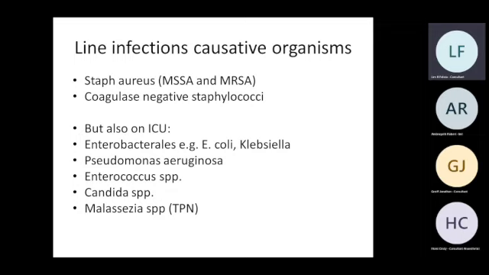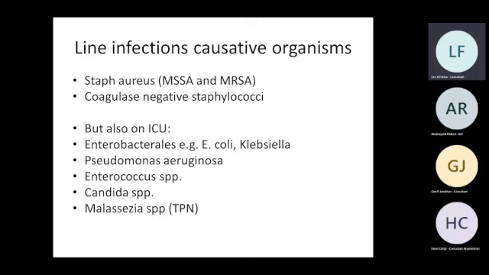Candida, skin organisms, but again, on ITU, patients have a higher skin burden of their commensals, and also patients who have intra-abdominal infections and lines, they're at higher risk of Candida infections, and patients on TPN as well.